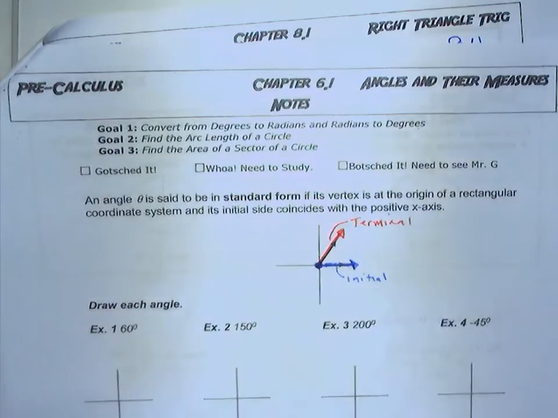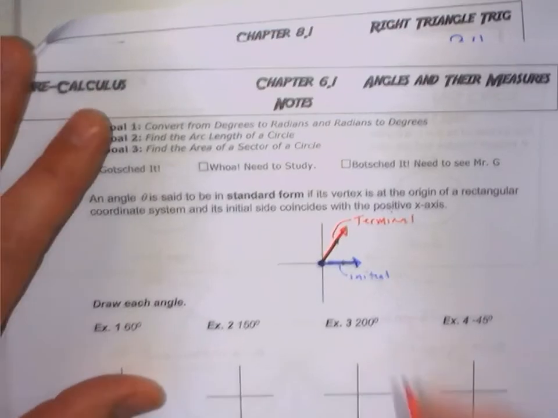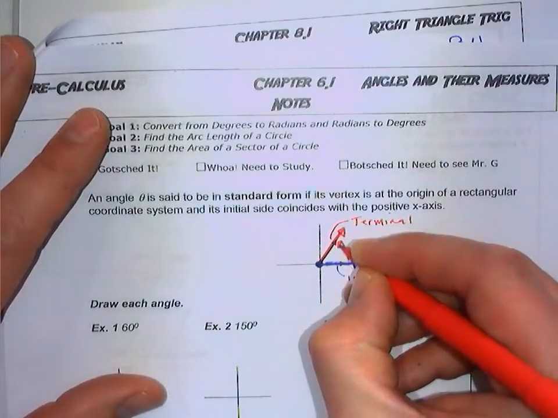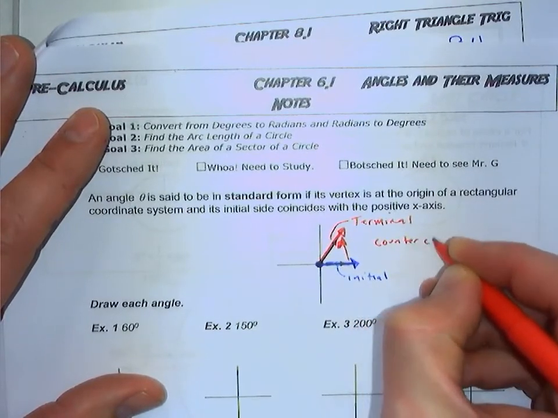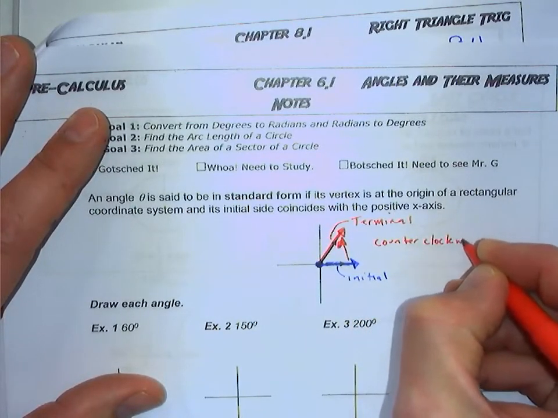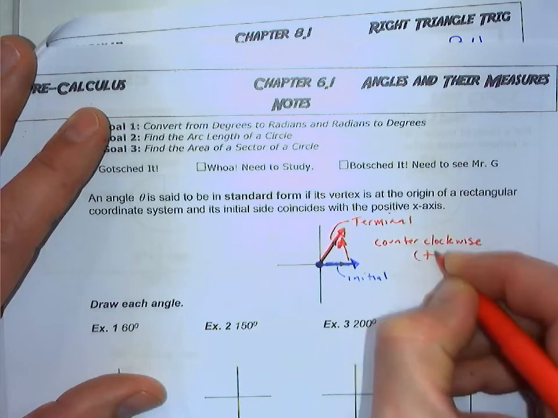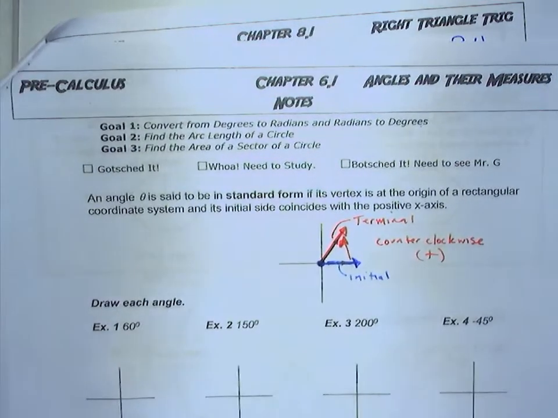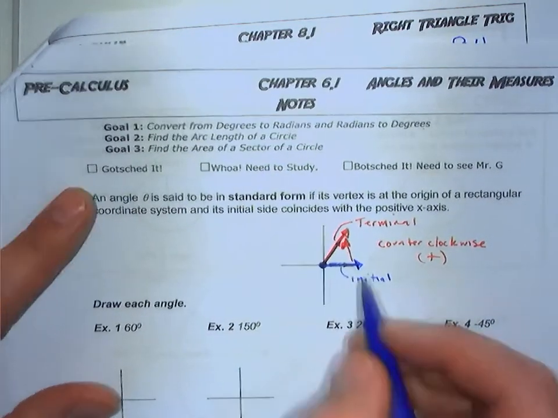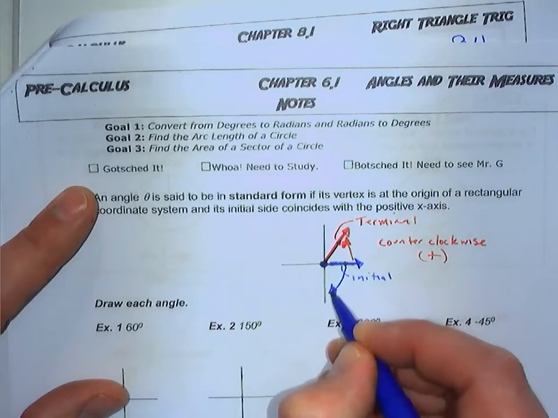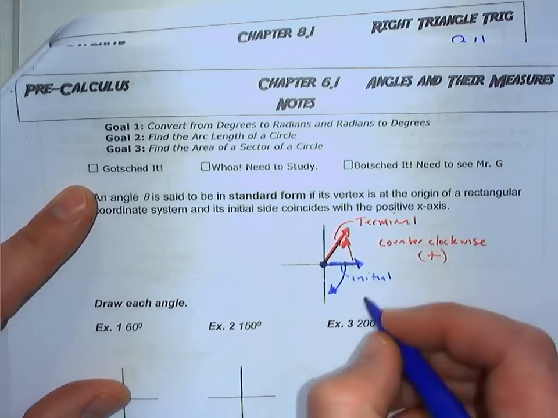And this thing can go clockwise or counterclockwise, okay? Well, if it goes this way, counterclockwise, then we're going to get a positive angle. So if I'm going this way, that'll be counterclockwise. If we go down, that's clockwise.